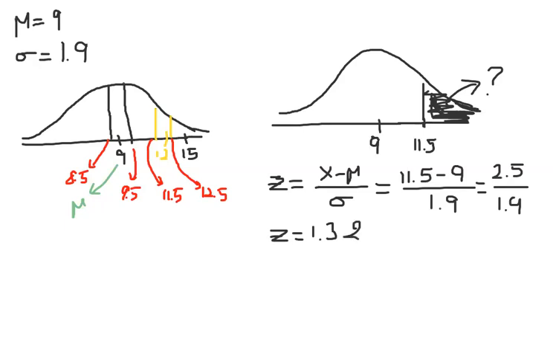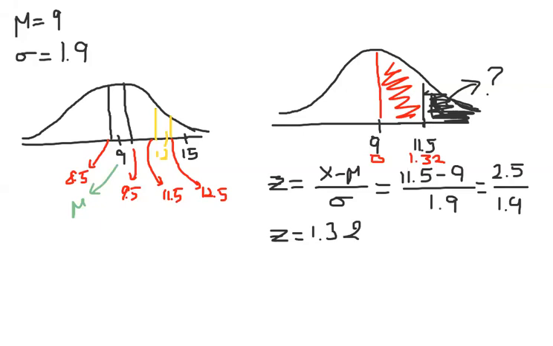With this z-score, we need to go back to our z-score table. As everybody knows by now, the z-score table gives the area between 0 and z. Sorry, I made a mistake, it is 1.32.